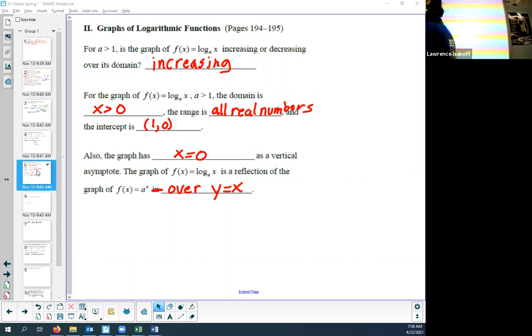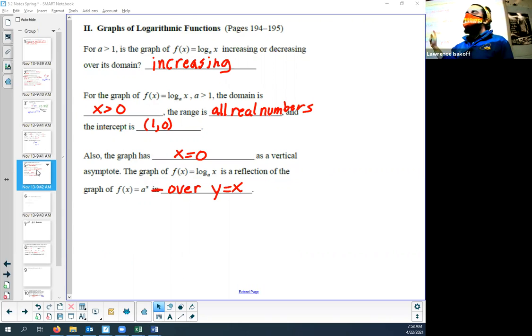So for this, since this is the inverse of an exponential, our domain and range gets switched around. For an exponential, our domain was all real numbers. That now becomes the range of a logarithm.